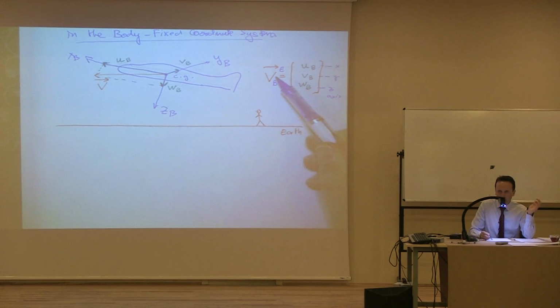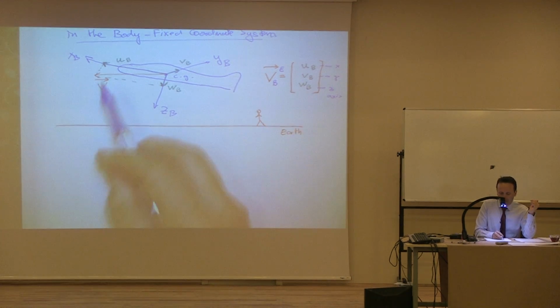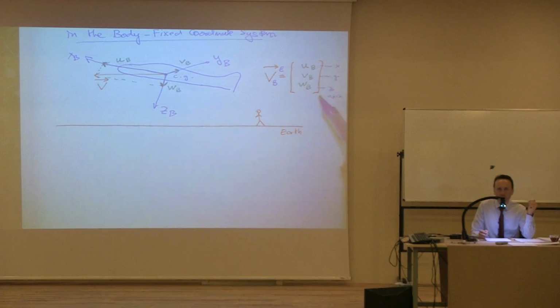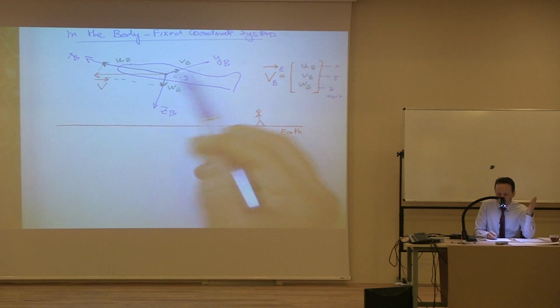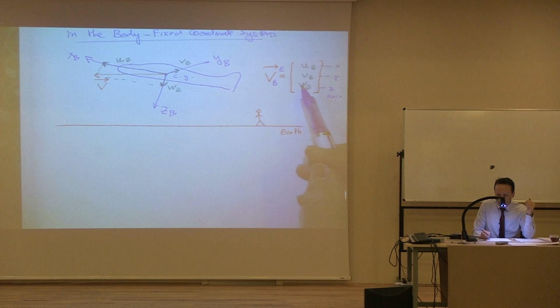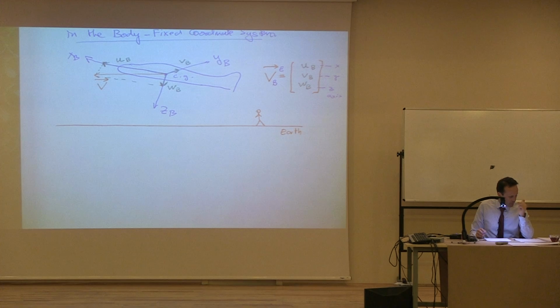The velocity is with respect to someone on Earth, but the vector is decomposed in the body fixed coordinate system. So UB is the component in x body, VB is the component in y body, and WB is the component in z body. Is that good?